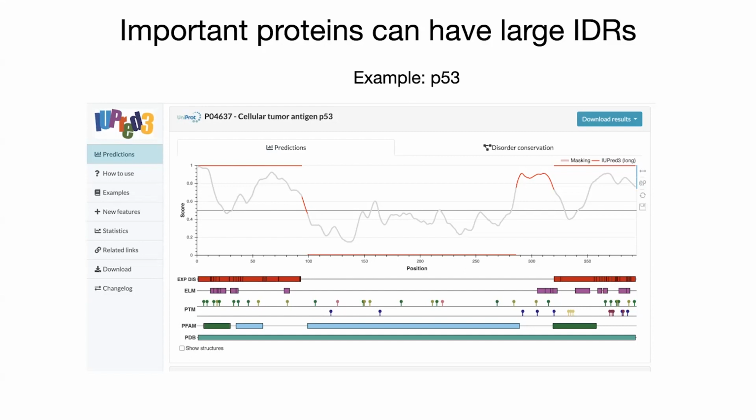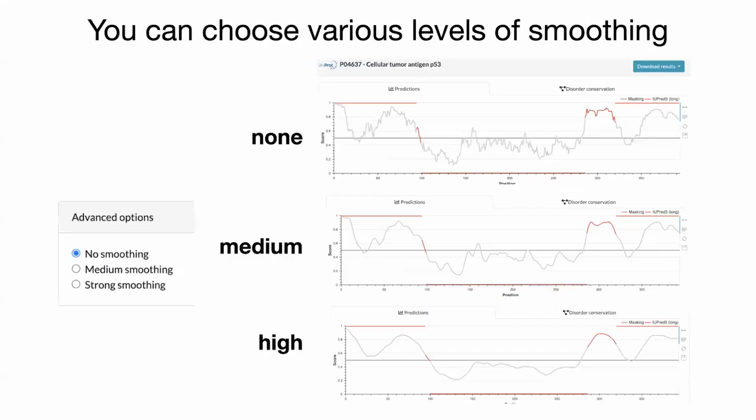It can do all sorts of things, including sense cell damage and stop the cell from dividing over and over before things get out of control. And so P53 has large disordered regions. As I mentioned, there are different levels of smoothing that you can do.